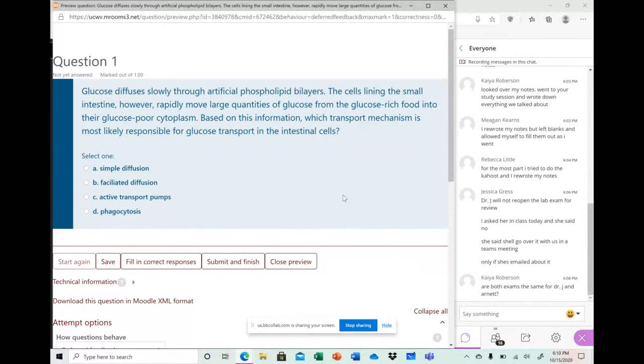Okay, so how do we tackle this question? Does anyone want to share maybe how they did it, what their thought process on this one was?